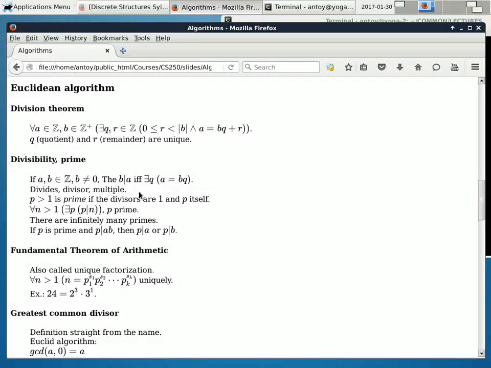All right, some concepts. The first one is the meaning of divide. I think this is related to what we were discussing earlier, right?